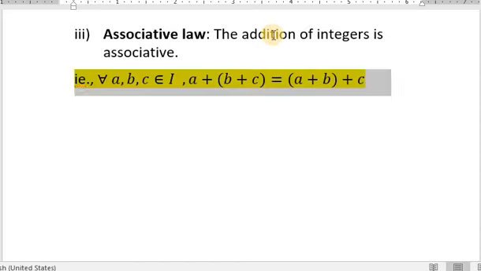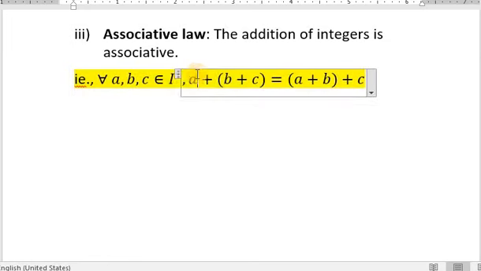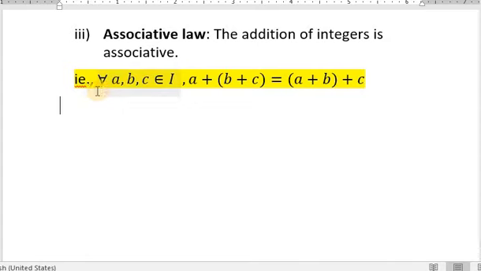See, if you take three integers a, b, c belonging to I, then for all a, b, c belonging to I implies a plus (b plus c) is equal to (a plus b) plus c.